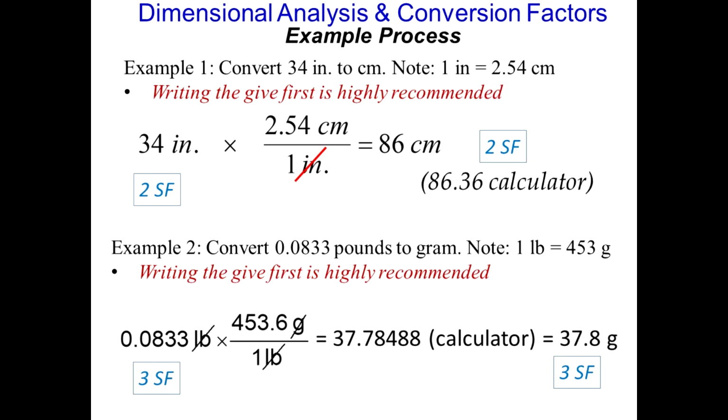Let's show you how it works. Watch how I do it here. Ready? Convert 34 inches to centimeters. Note that 1 inch equals 2.54 centimeters. I'll always give you those conversion factors. You won't have to sweat over that. What you will have to sweat over is using this process properly. Ready? So my given is 34 inches, not 2.54 centimeters per inch.